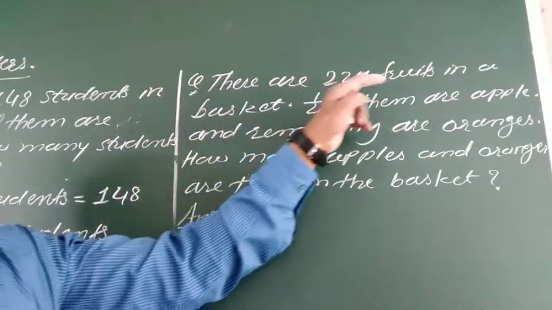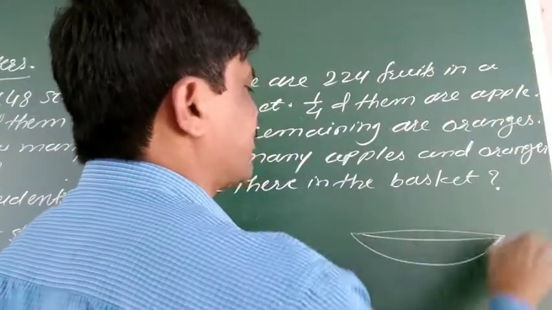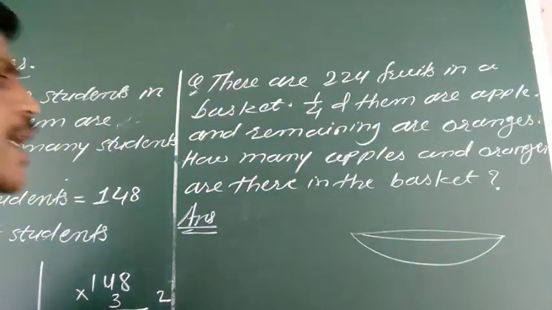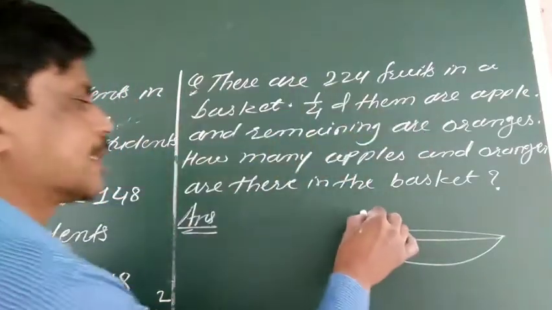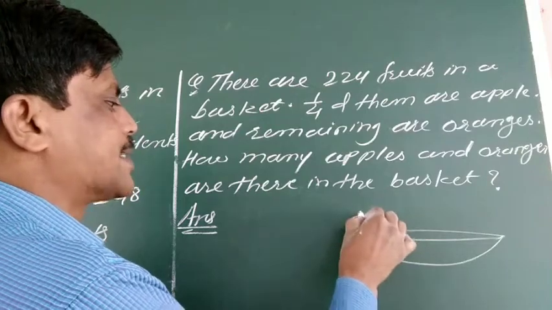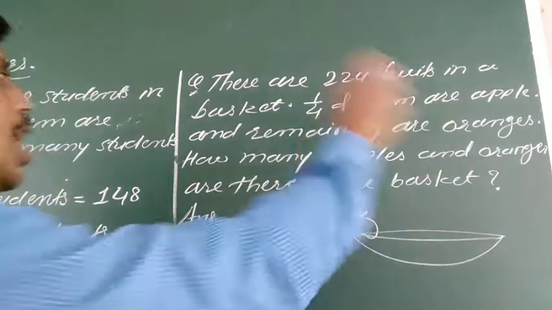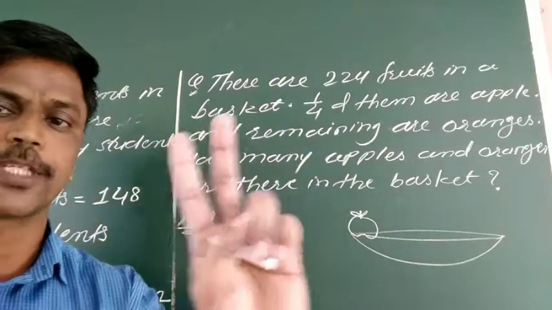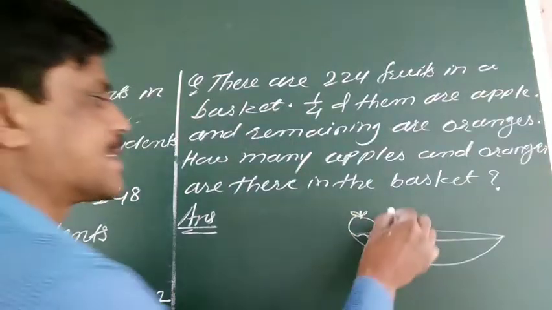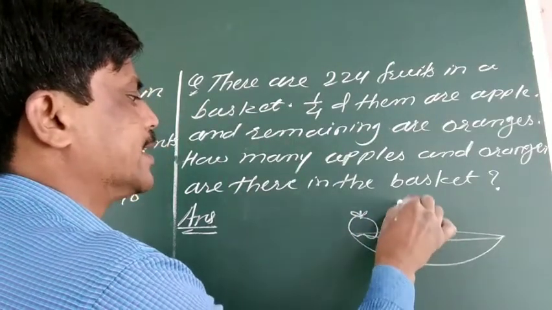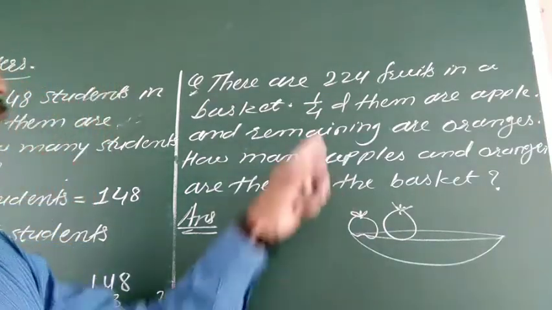Next, there are 224 fruits in a basket। See this is one fruit basket, and in this fruit basket some apples are there। 1/4 of them are apples and remaining are oranges। मतलब two types के fruits हैं वहां पर, orange and apple। तो चलिए what is the number of apples?